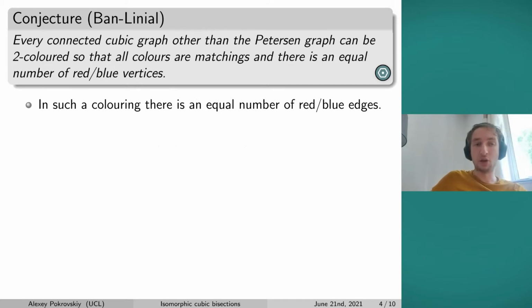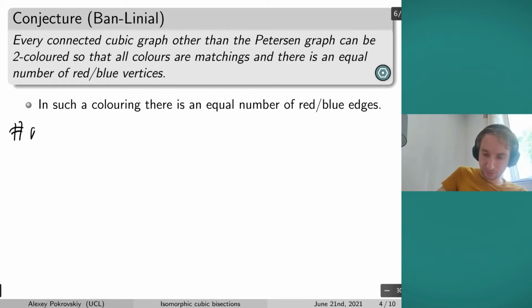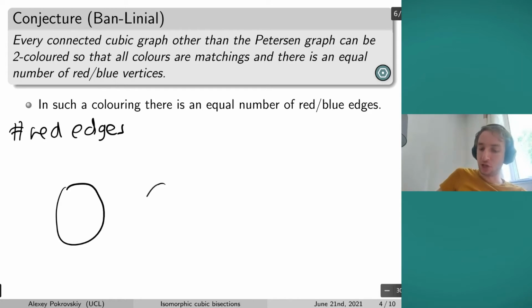If you give a coloring which satisfies the conjecture, you'll always have the red matching and the blue matching having the same size. And the way you see this is the number of red edges. So this is just the edges which have both endpoints in the red. This is the red vertices, this is the blue vertices. So we're counting edges which have both of their endpoints in here.